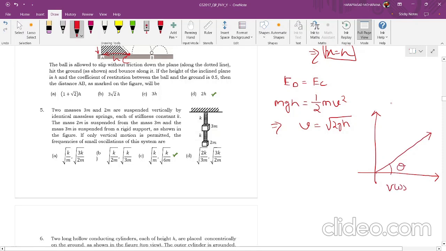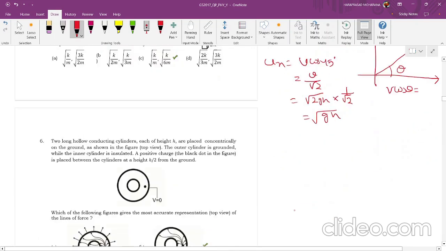This is v cos theta, equal to, what is the value of this? If I do the ux of the projectile, you get v cos 45 degree, which is equal to v by root 2. And I know v is root over 2gh, times 1 by root 2. So that gets cancelled, and you will get root over gh.